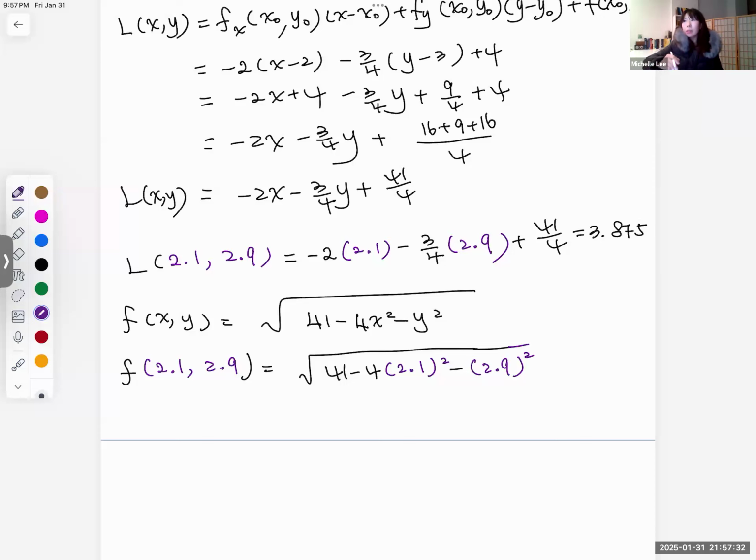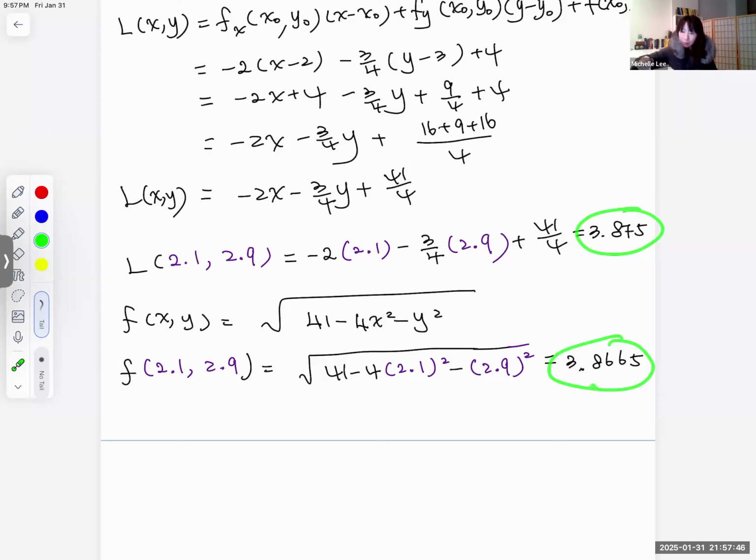Can you please calculate? So this is approximately 3.8665, right? So we compare two numbers. It's not much difference between them, right? Okay. You guys okay with this?